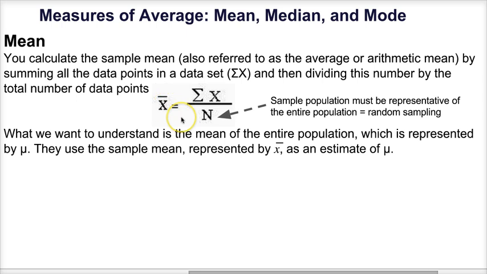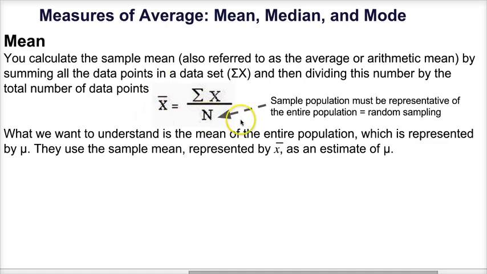Of course, we're hoping the sample that we took in our research was indicative of the entire population. So what we do is we sum up all of the X's, all of the values that we collected, and we divide by the number in my sample.